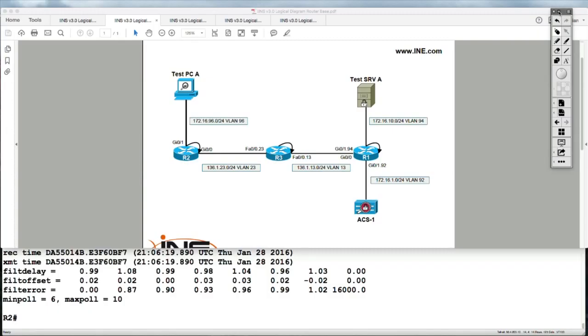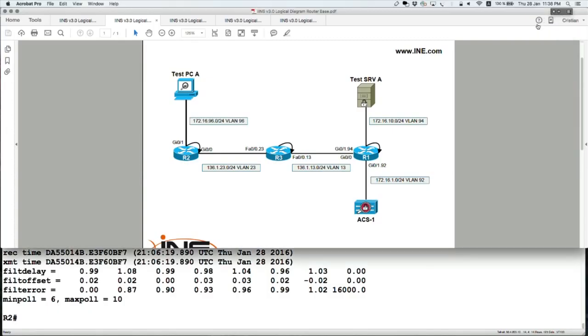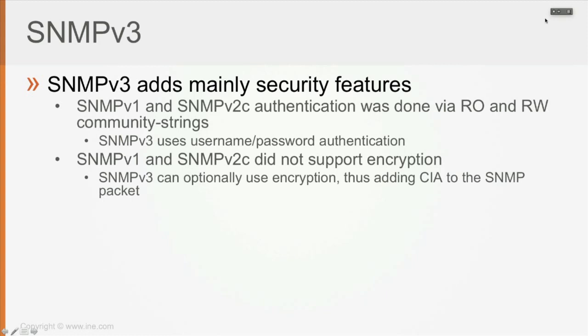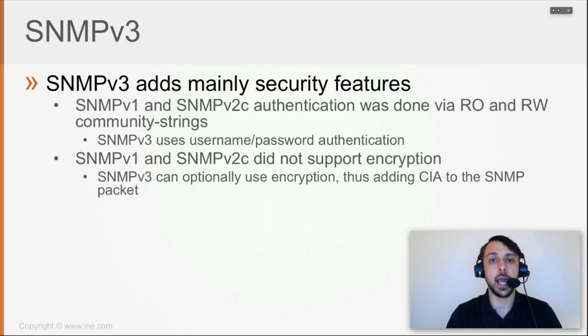And why did I need those? Because in SNMP version 1 and version 2C, authentication of SNMP packets between the agent and the manager was done via read-only or read-write community strings. Because the set action requires read-write access to change the configuration of the device, while the get action requires only read-only, we have two types of access methods from the manager to the agent.